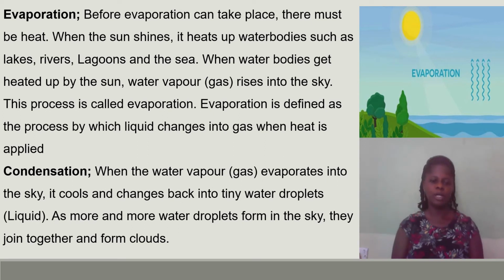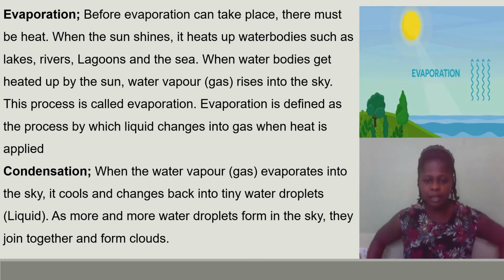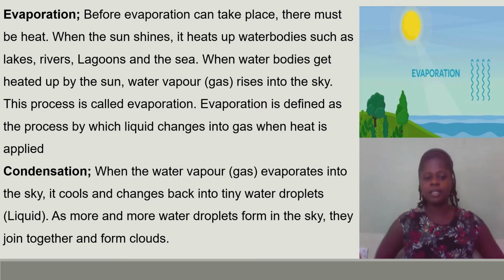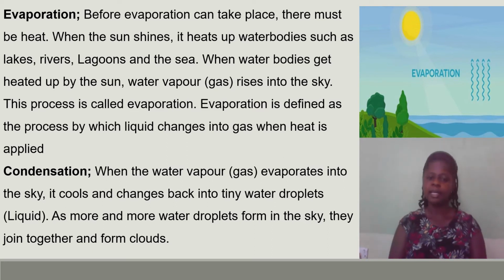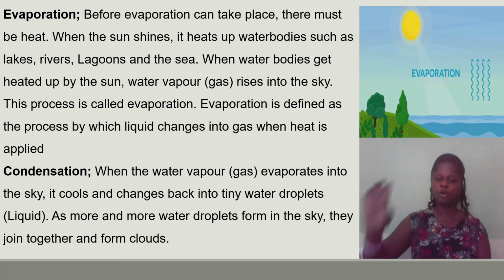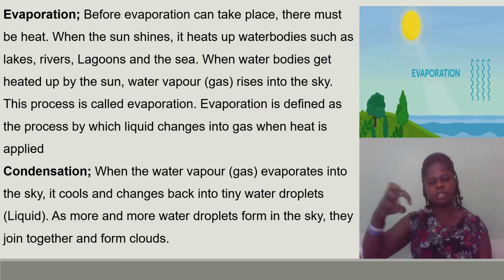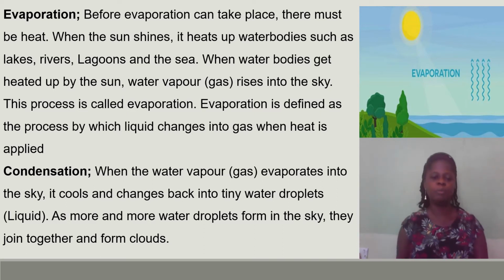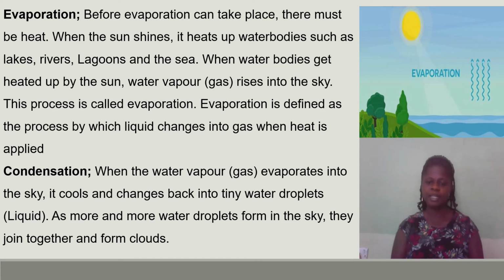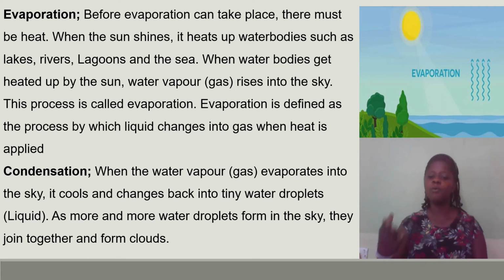Now let's look at condensation. So when the water vapor or the gas gets into the sky, it cools and changes back into tiny droplets of liquid. Right? As more and more water droplets form in the sky, they join together to form clouds. So if there is no evaporation, there won't be any condensation or the formation of clouds.